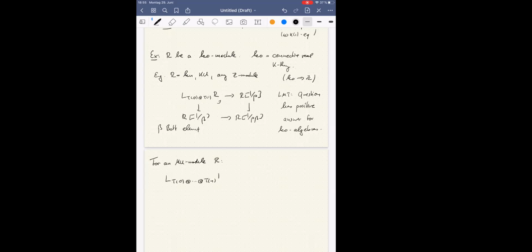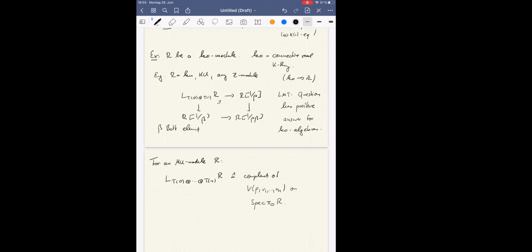Localization of R corresponds to the complement of the vanishing locus of these things on spec pi 0 of R.